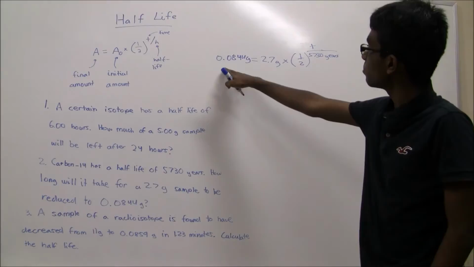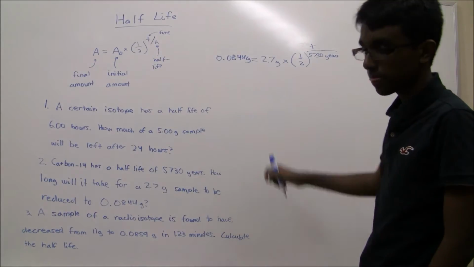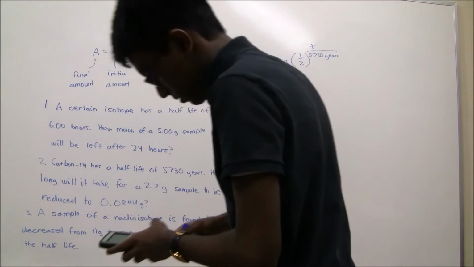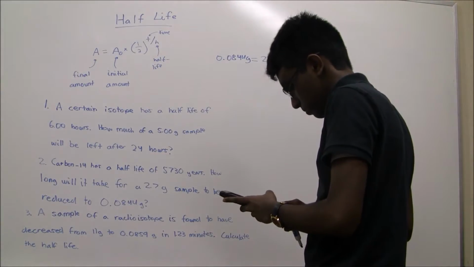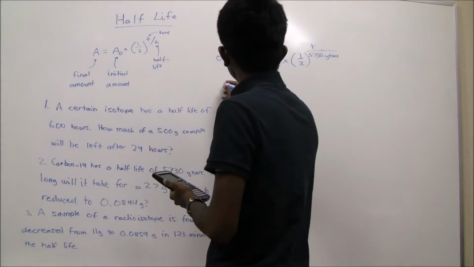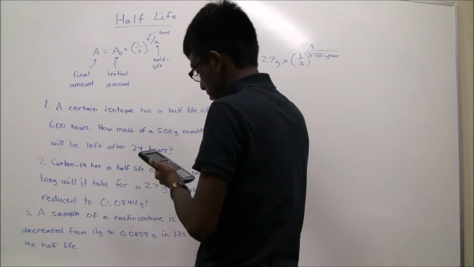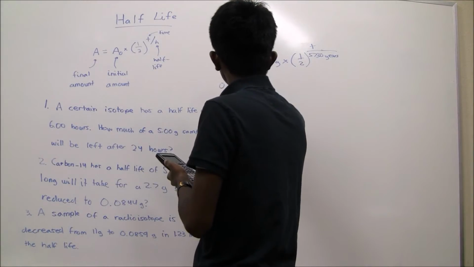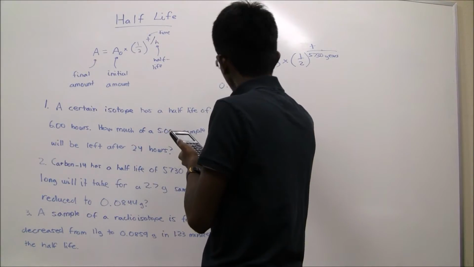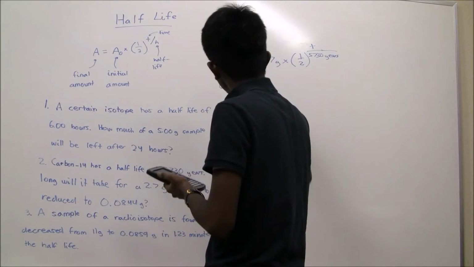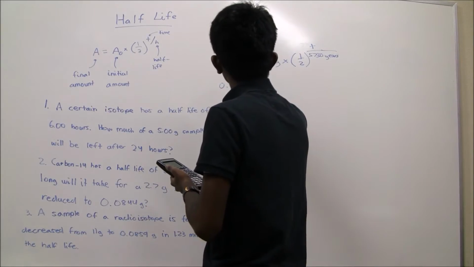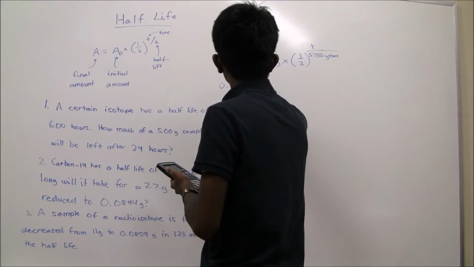So first let's divide 0.0844 by 2.7. So that is 0.0313. Okay.